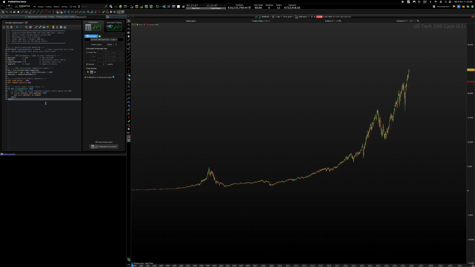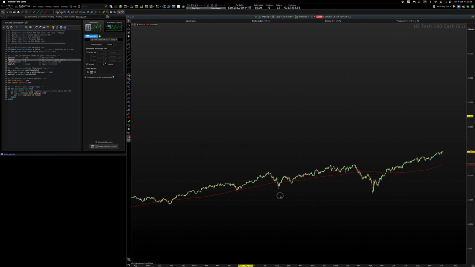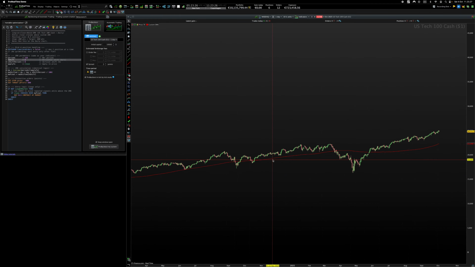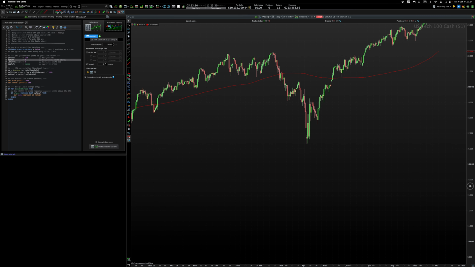Okay, after a little bit of fiddling around here, I finally have a code. And the parameter here is the 150 moving average. The code is set in a way that when a day closes above after being closing below, let me just zoom in here so you can see what I mean by that.